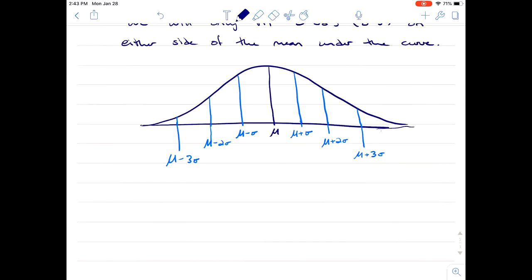For example, the mean cuts this curve in half. If this is a probability, the total area under the curve must be 1. Looking at all the possible outcomes, the total area under the curve is 1.